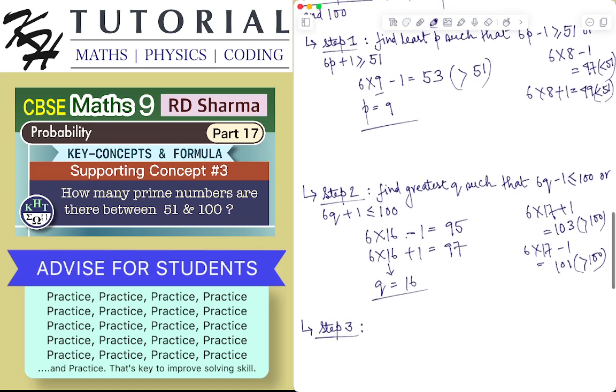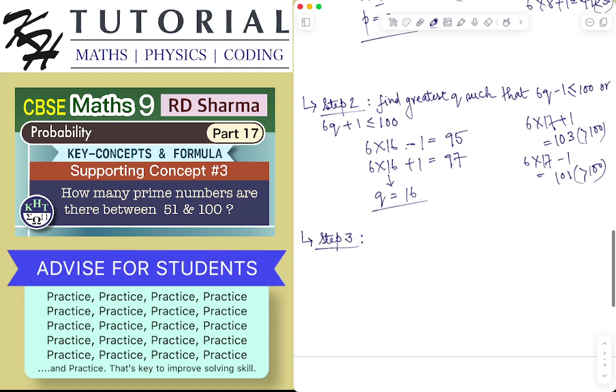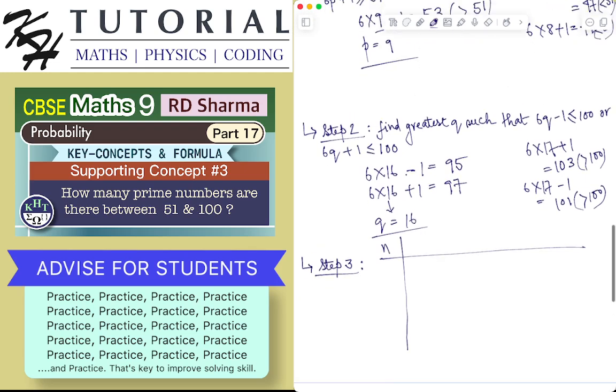So we have found p and q, and then we will quickly vary n from 9 to 16: 9, 10, 11, 12, 13, 14, 15, 16.